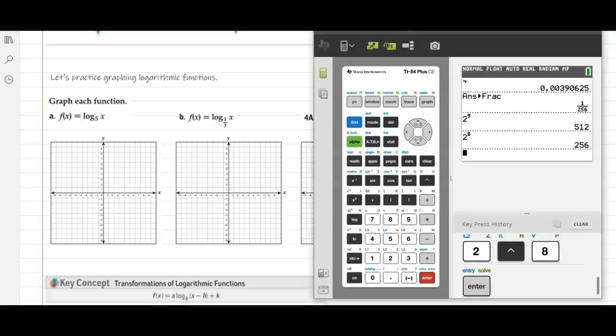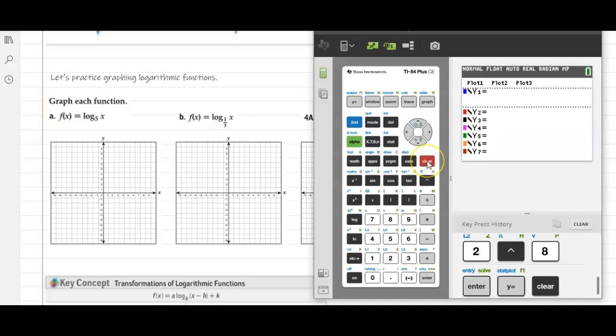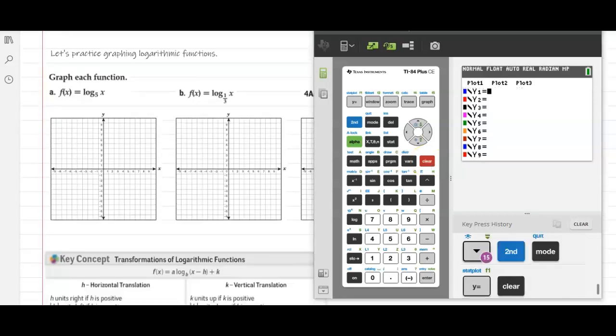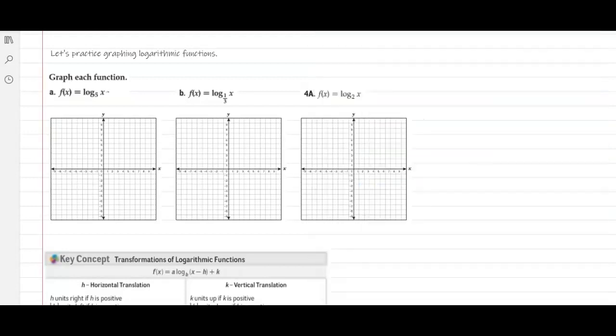For the first one, I'm going to go into y equals and clear out anything that's there. Not to get ahead of ourselves with the change of base formula, but we're going to need to use that to get this to type into our calculator. We want to type the log of x divided by the log of 5.